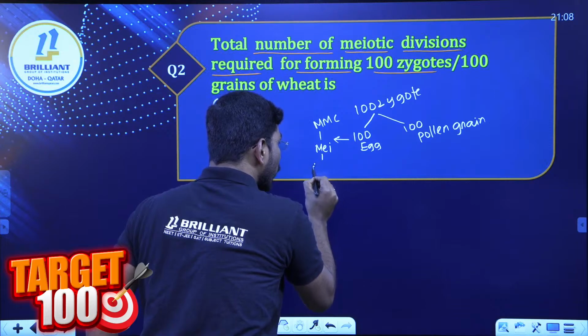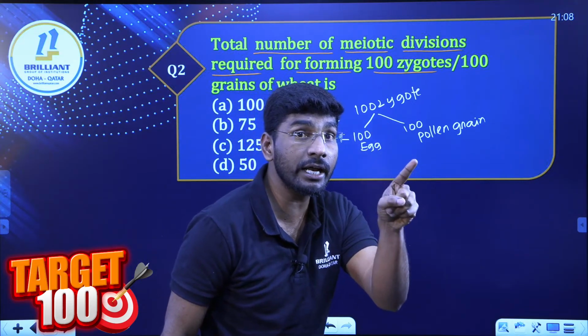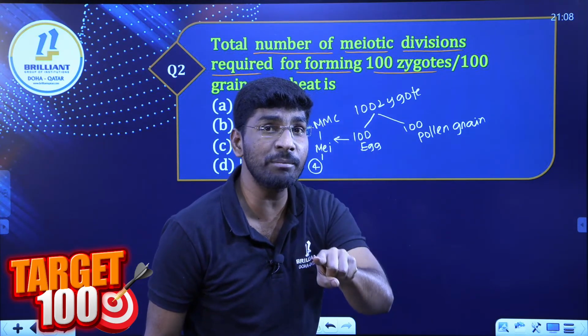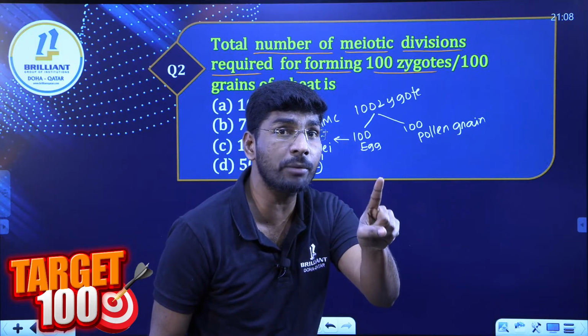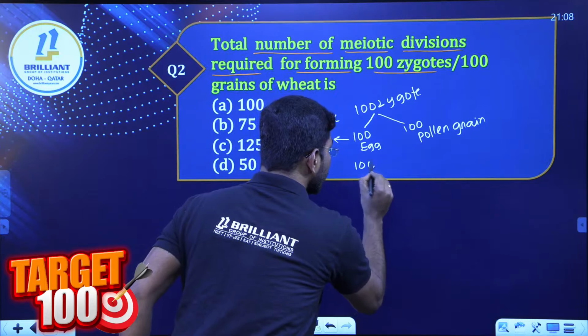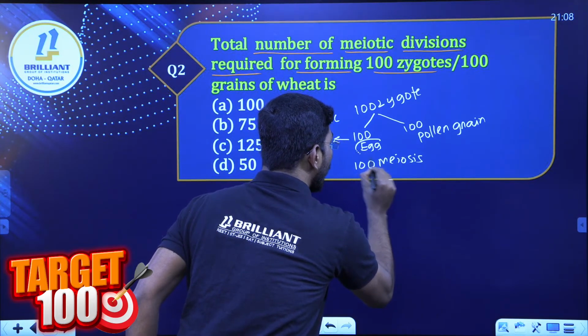After that, a tetrad of 4 cells forms. Out of 4, 3 degenerate, so only one is going to become the egg. That means 100 meiosis for 100 egg formation.